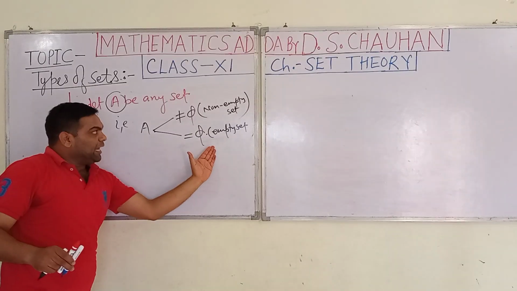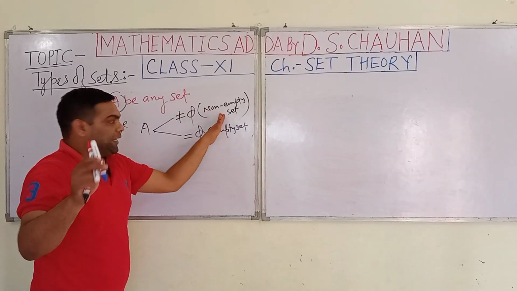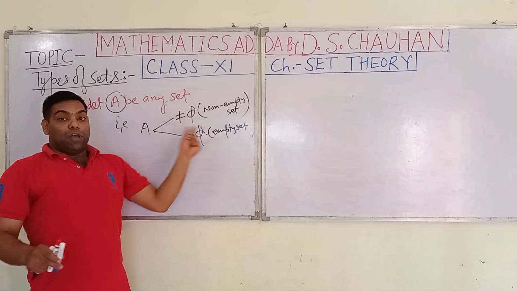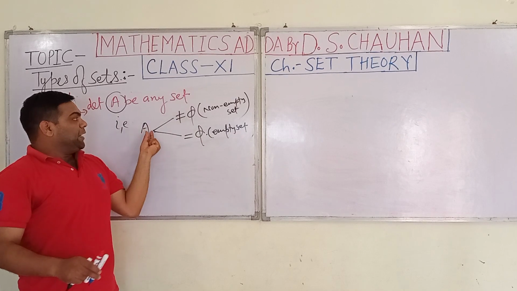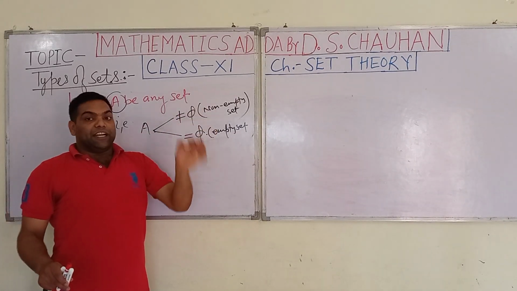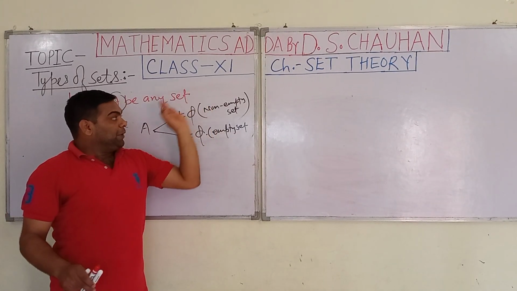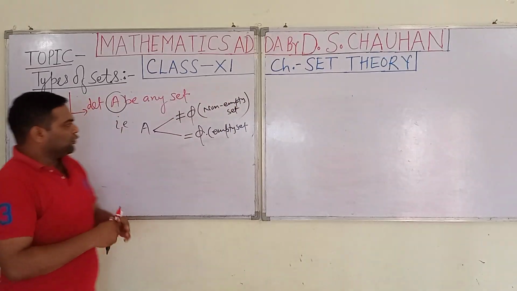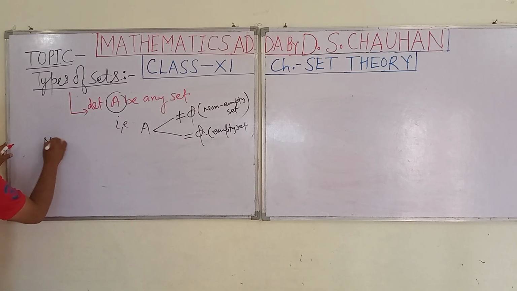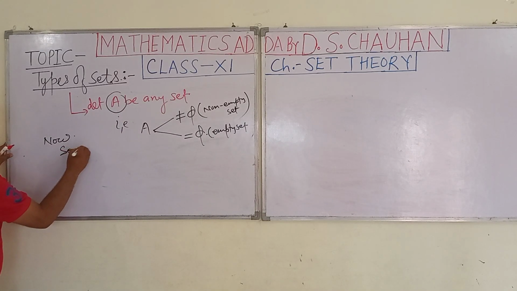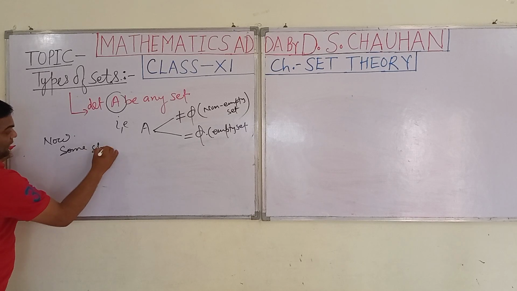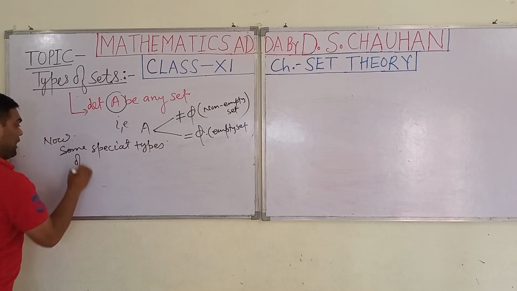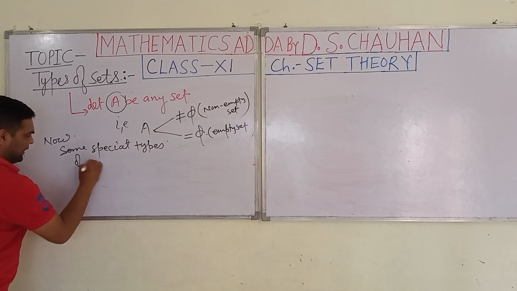See here, this is an empty set and this one is a non-empty set. If it is empty, it means no element exists, and if it is non-empty, it means at least one element exists. There is no limit for the maximum elements.